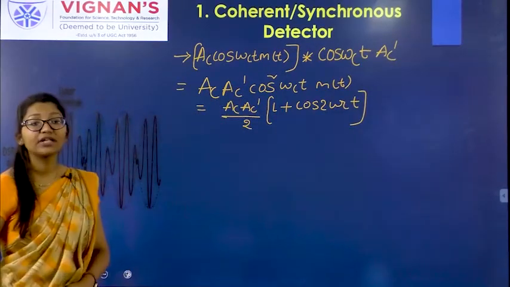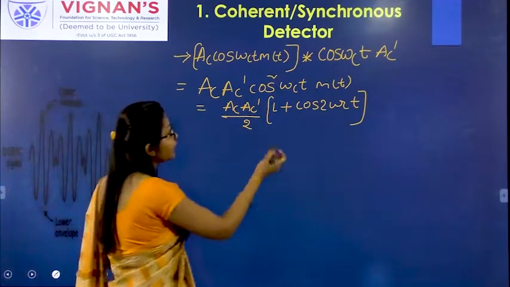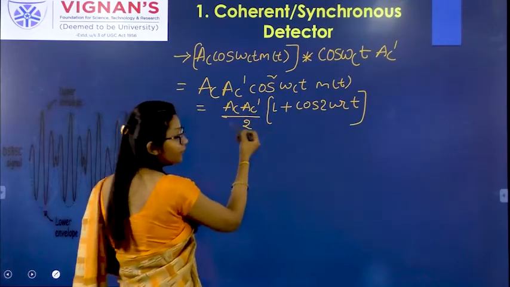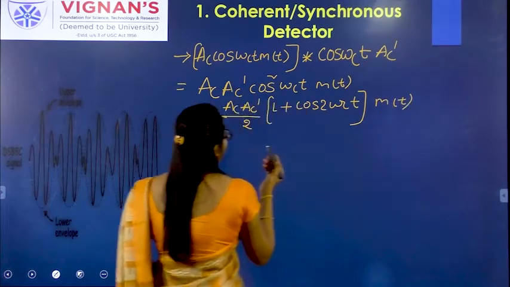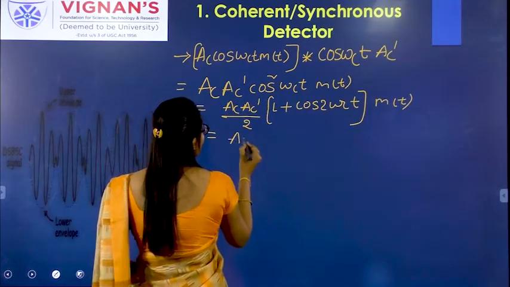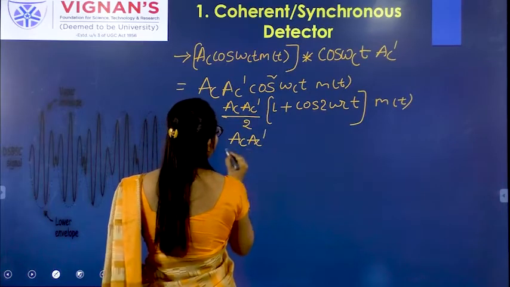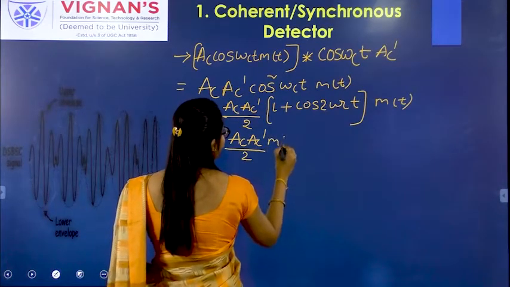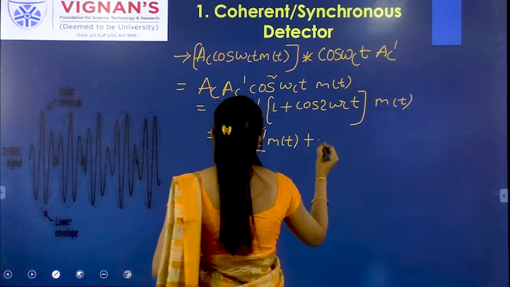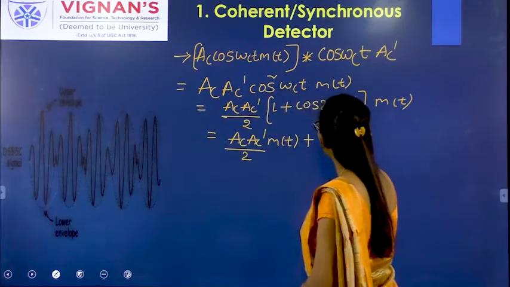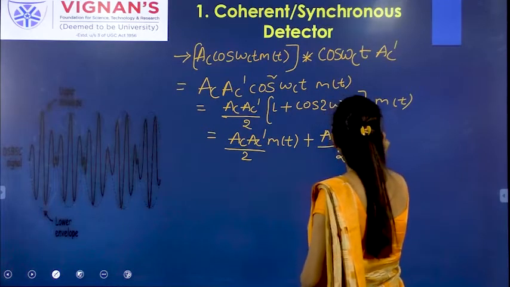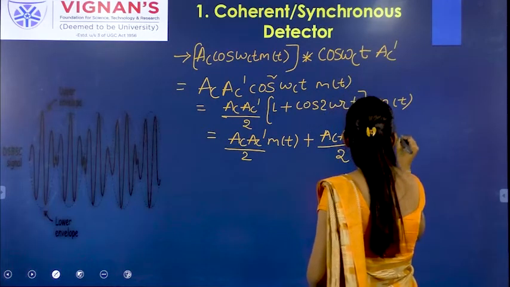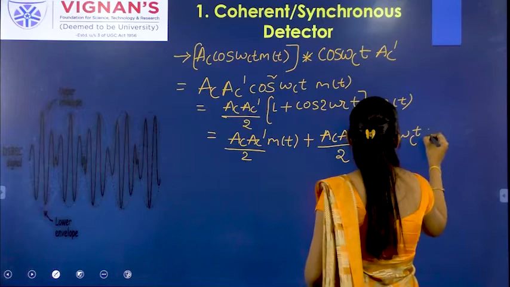Right? Cos square theta means 1 plus cos 2 theta divided by 2. So 1 plus cos 2 omega ct divided by 2, I keep outside, into m of t. Right? So Ac dash divided by 2 into m of t is one term you will get, and the second term you will get is Ac dash divided by 2 cos 2 omega ct into m of t.